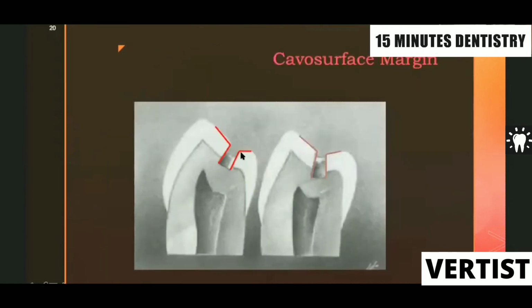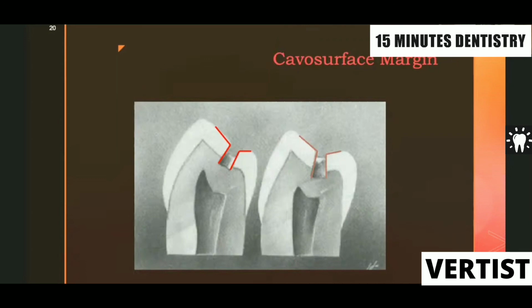Your cavosurface margin. Now the preparation should be such that if you are doing an amalgam, you have a 90 degrees butt joint. The cavosurface is a 90 degrees butt joint. If you are doing an inlay or an onlay, the cavosurface is a 20 to 30 degrees lap sliding joint.